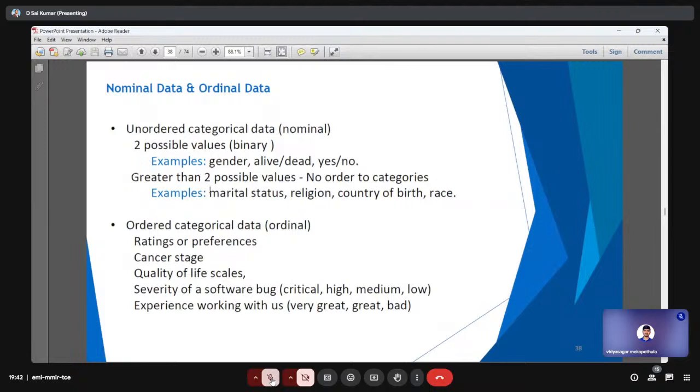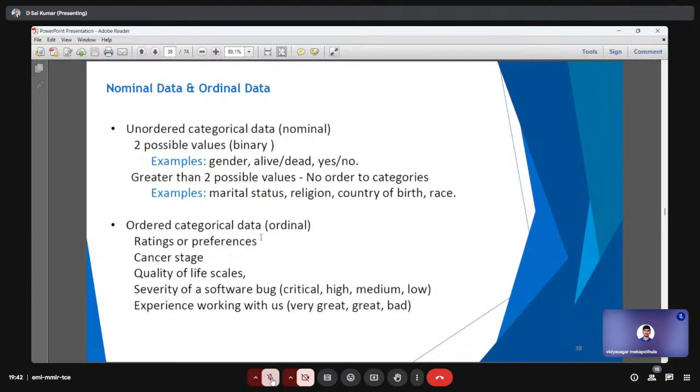If there are more than two values with no order, like marital status, religion, or country of birth, these are also nominal, where the variable can take more than two values.